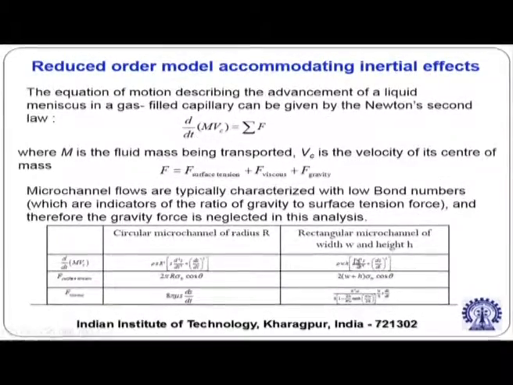For a rectangular microchannel, instead of pi r square, it is the width into height, right, that is the only difference. Surface tension force for a circular microchannel is 2 pi r sigma lv cos theta. So, that is basically perimeter into sigma lv into cos theta. For a rectangular microchannel the perimeter is 2 into width plus height. So, see the similarity.